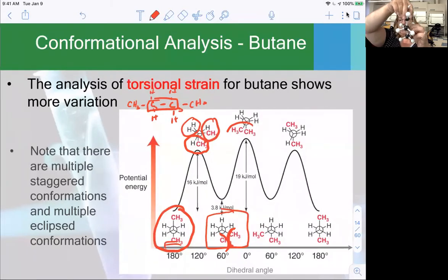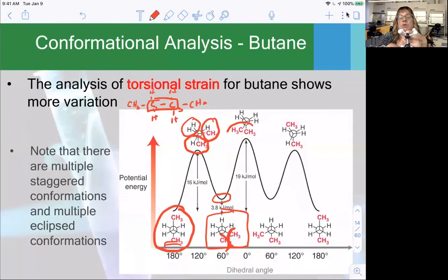Instead of being far apart, they're now closer. That's not as stable. So that staggered is higher in energy because I have a methyl-methyl gauche interaction. They're not eclipsing, but they're closer together than when they were anti-staggered.